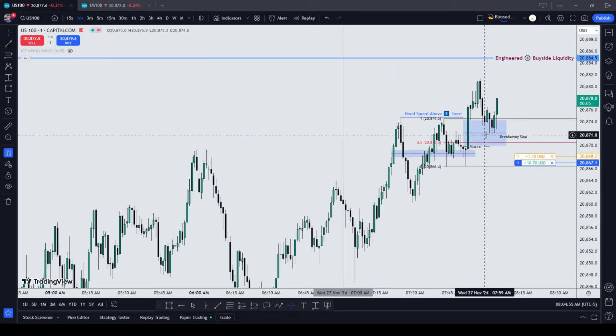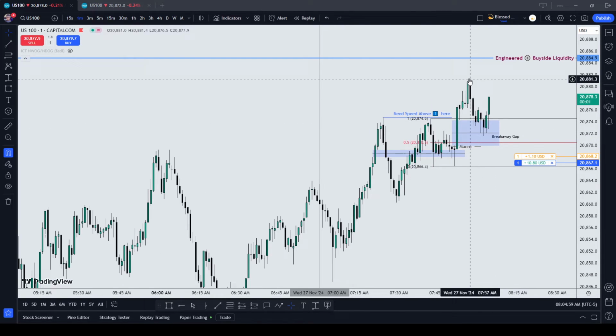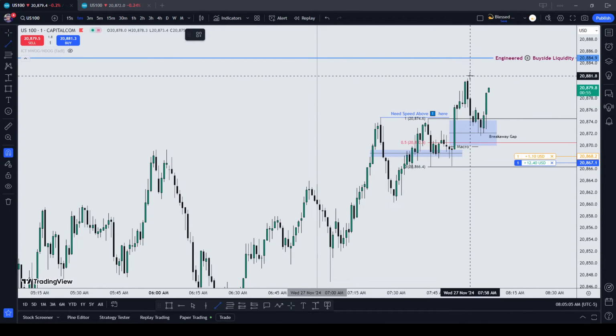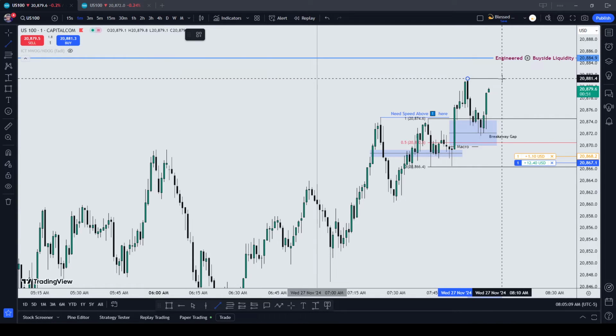So right now, as we are looking at price, what is price doing right here? Also, I'm watching how this candle gets traded to with speed. I want to see some speed above there.